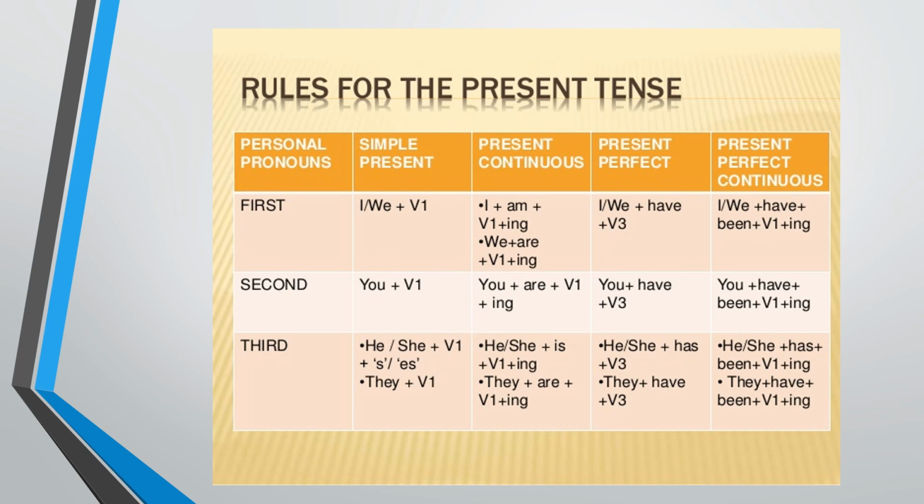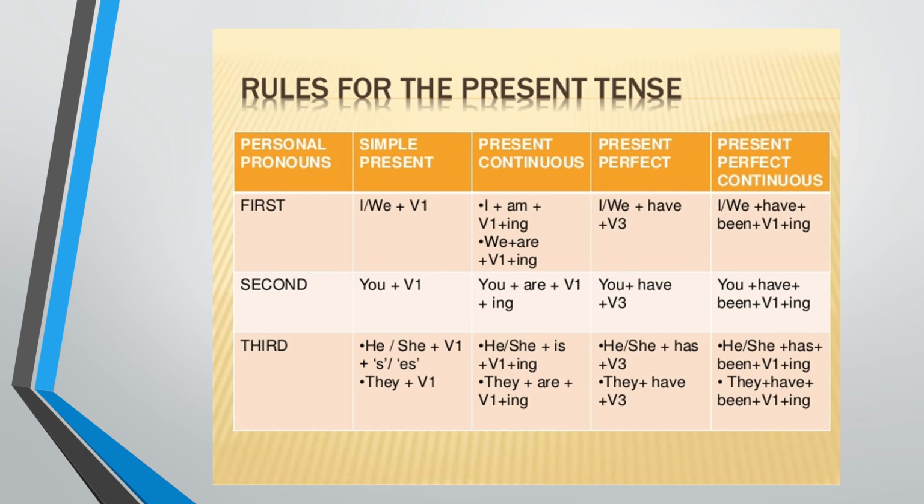Come to the next one, that is present perfect tense. In case of first person pronoun like I or we, you will use have and third form of the verb or past participle. In case of second person pronoun like you, have will be used and third form of the verb or past participle will be used.